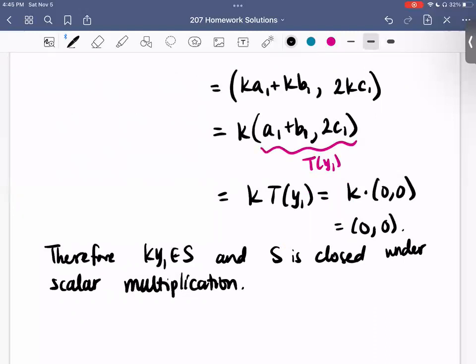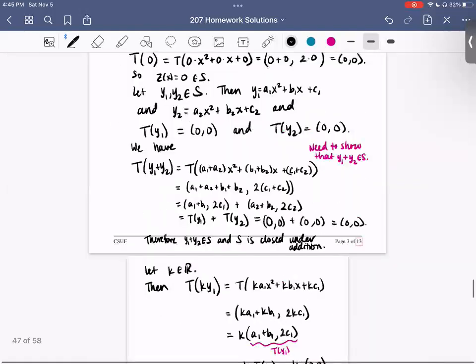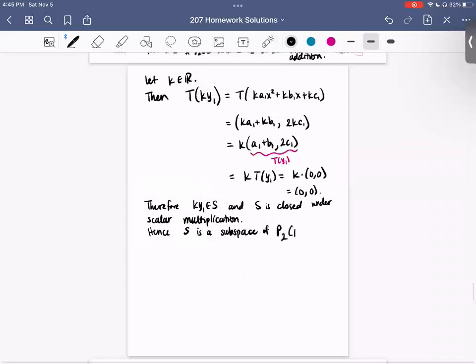Now since we've got the zero vector, closure under addition, and closure under scalar multiplication, we can say hence S is a subspace of P2 of R. So that was part B, showing that we've got a subspace.